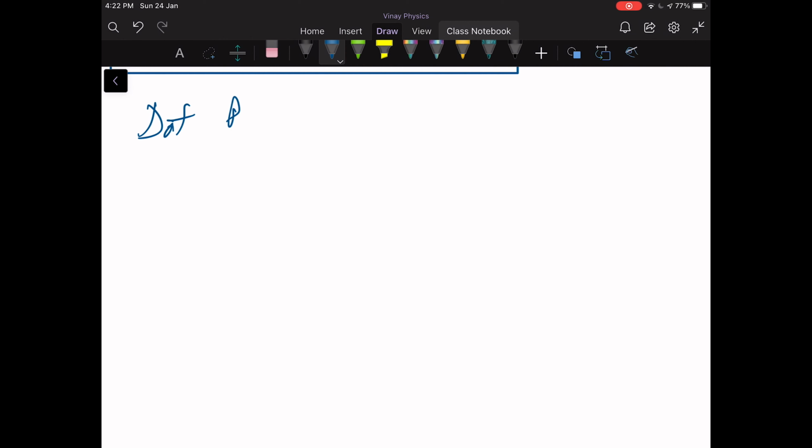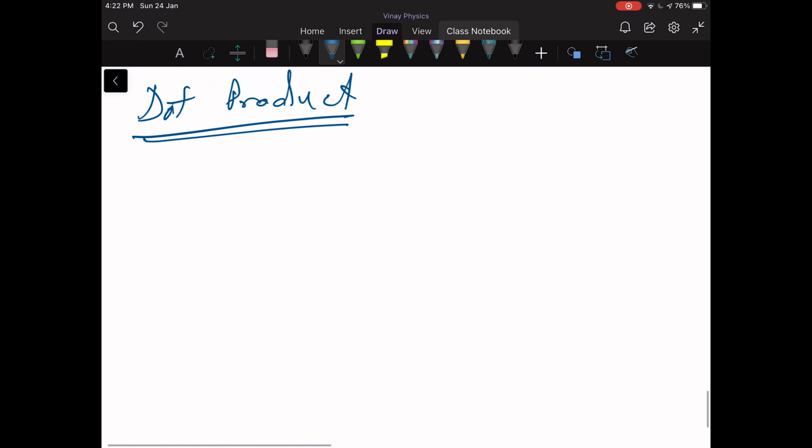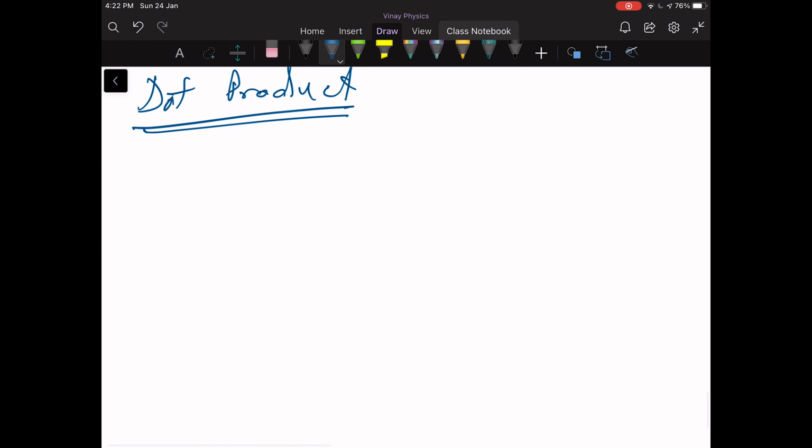So, let us look at some basics of the dot product. When we are talking about the dot product, the dot product for two perpendicular vectors will be 0.